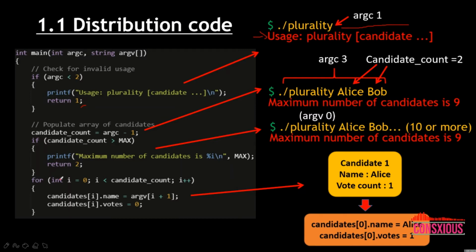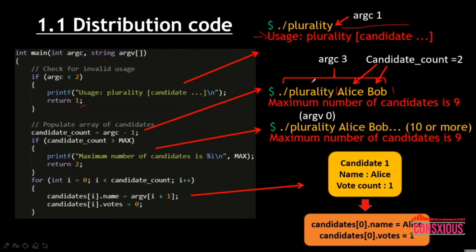Next, we go to populate the array of candidates. So we're going to find the candidate count. For example, here we type in the candidates. So how do we count how many candidates there are? What we can do is use argument count. You can see here, when we type ./priority Alice and Bob, there are three terms, three words here.